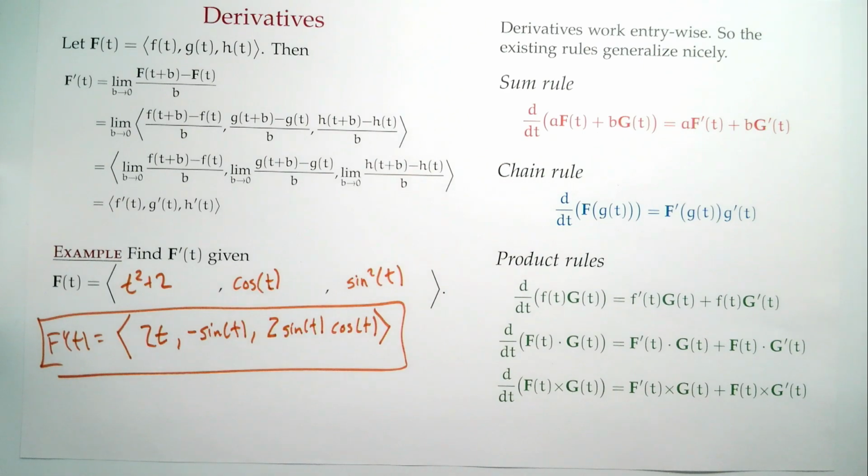So the moral of the story is that the rules are going to generalize like you expect that they should. So things should be nice. Things should work out in a very nice way. All right. So we can talk about our derivatives now. Well, now that we have a derivative, our next goal is to talk about our tangent lines.